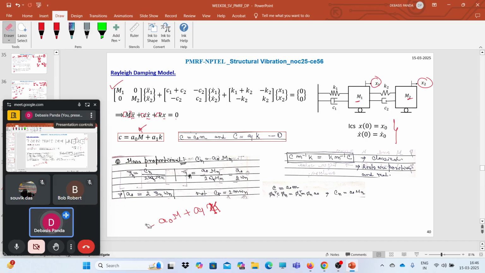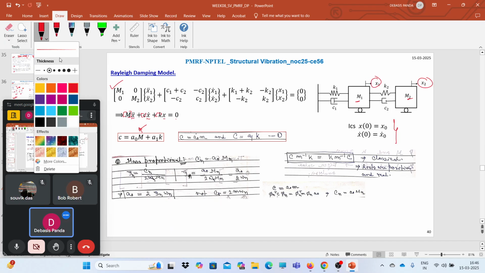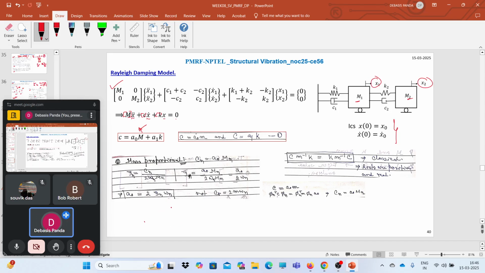So if I want to write it down, we already know that C is equal to a0 M. That part caters to the mass proportionality portion. If we want to use the modal information, the orthogonality of the mode shapes, we multiply phi n transpose and phi n on both sides.